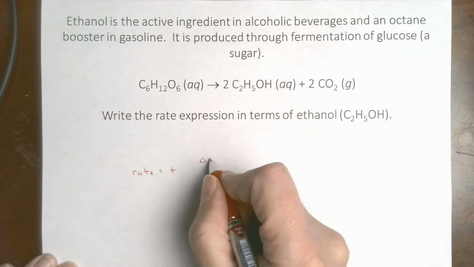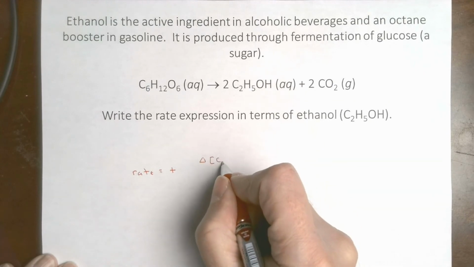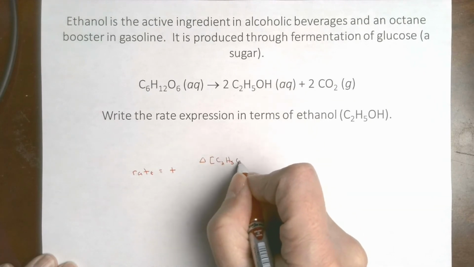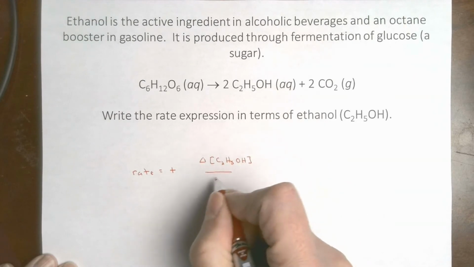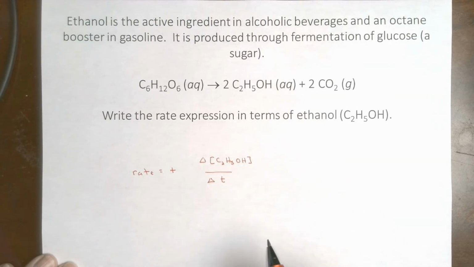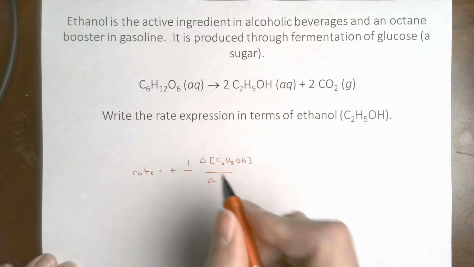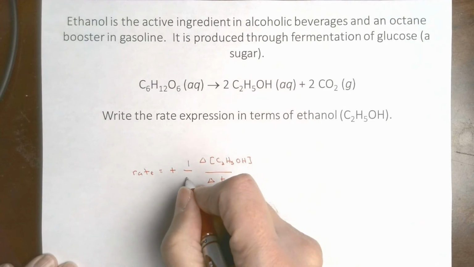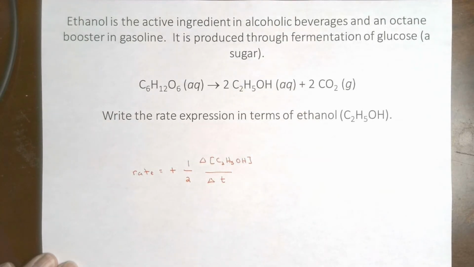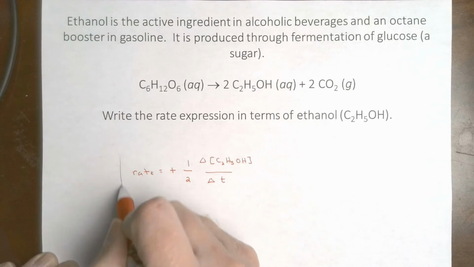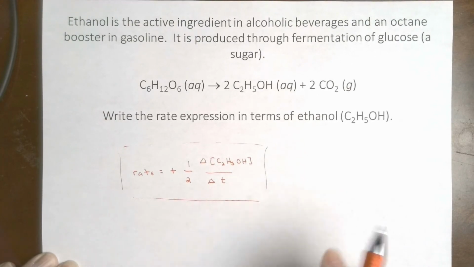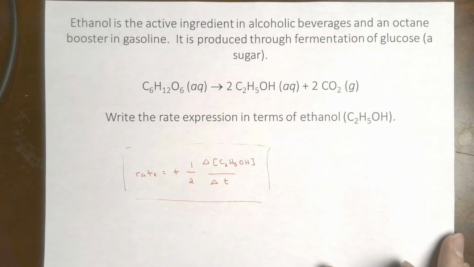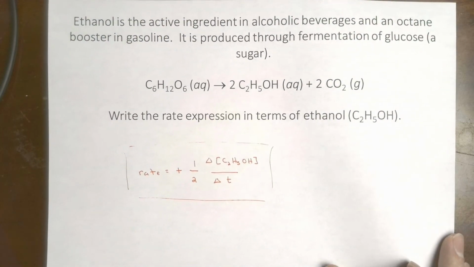We're going to have the change in the concentration of ethanol, C2H5OH, over change in time, and that's going to be multiplied by a factor of 1 over the stoichiometric coefficient in front of that particular compound. That's it. That's the rate expression in terms of ethanol. All right? Now, the next problem is going to be dealing with what's the overall reaction rate expression.